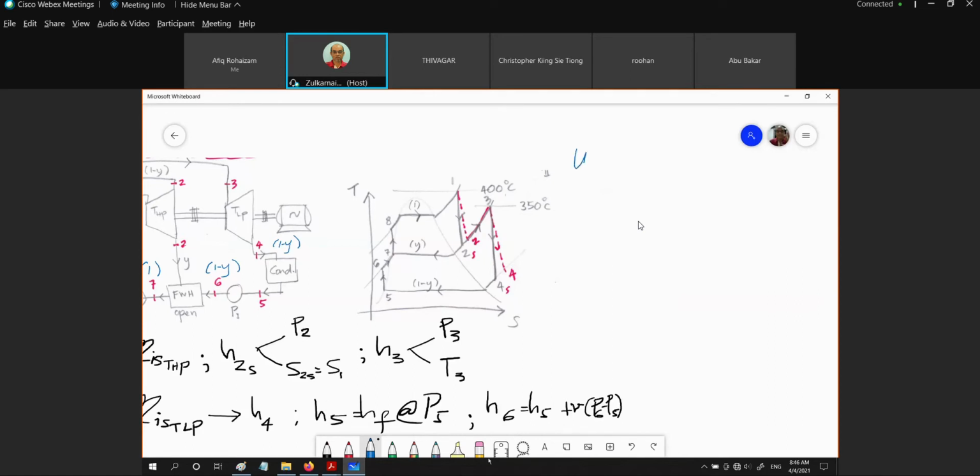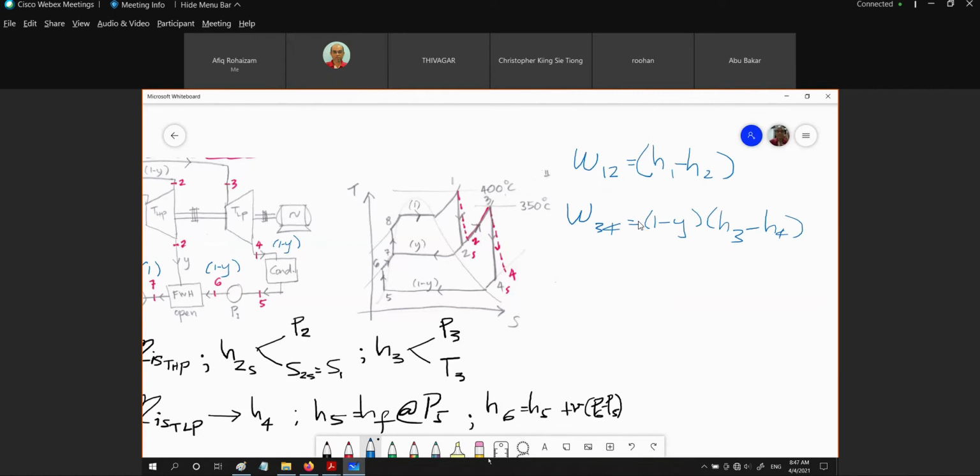Right. So W12 is equal to H1 minus H2. W34 is equal to, remember, at point 2 we bled Y, so the balance of W34 should be 1 minus Y. So we put here (1 minus Y)(H3 minus H4).